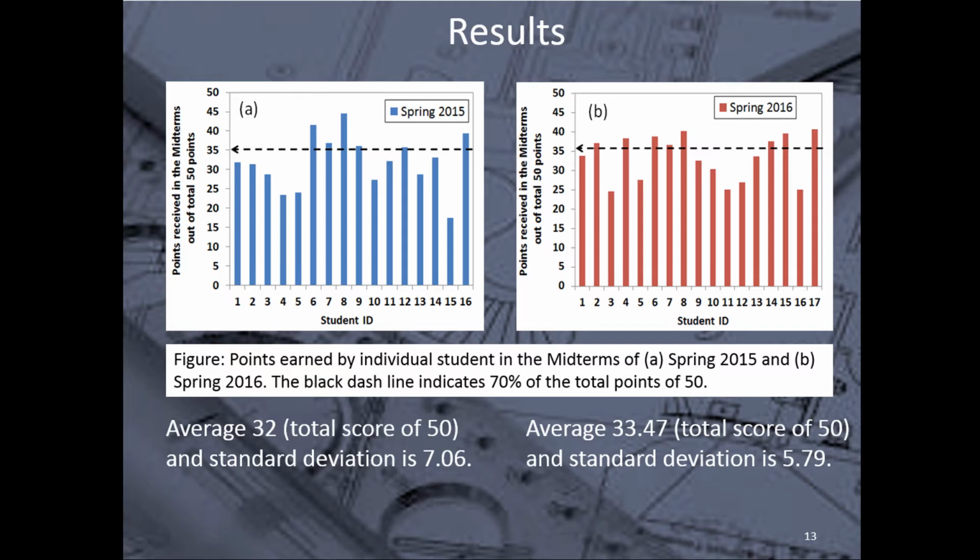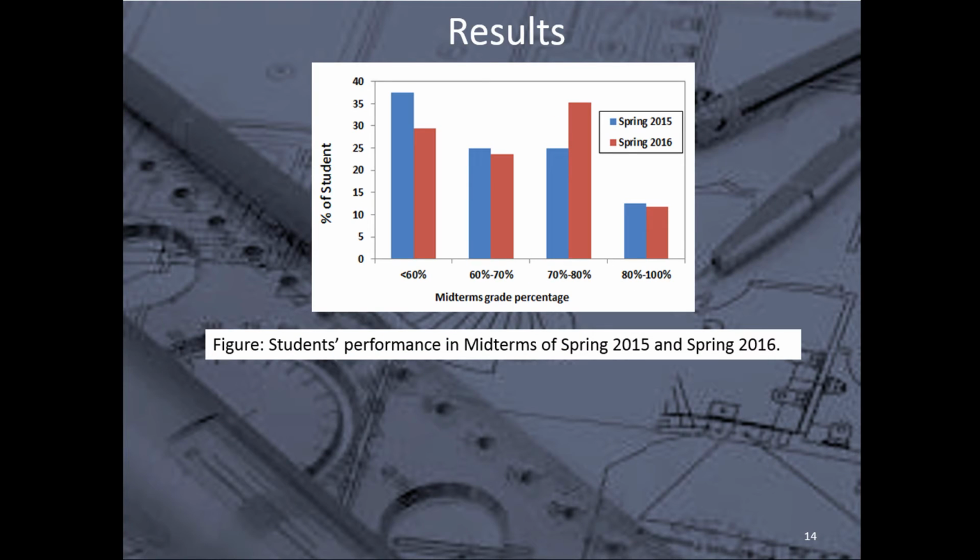It's 33.5. If we look at their overall performance in the midterms, I see that we did not get any improvement in the students who have been doing well, like getting more than 80%, and students who were getting 60 to 70%. It did not actually change much.